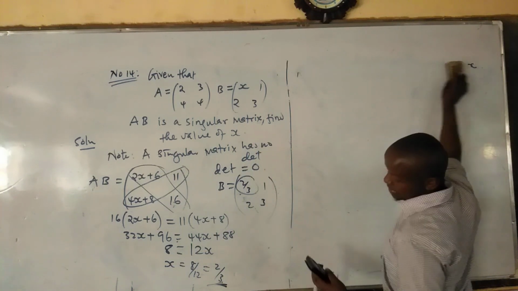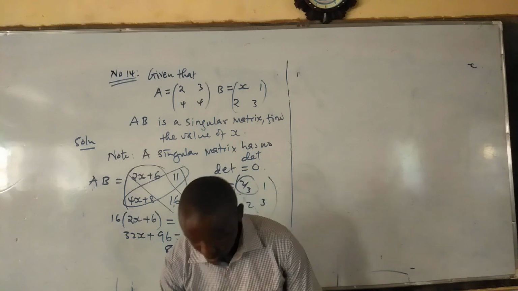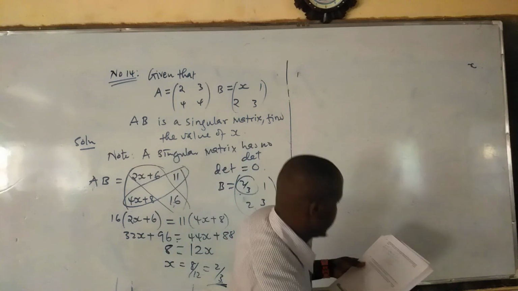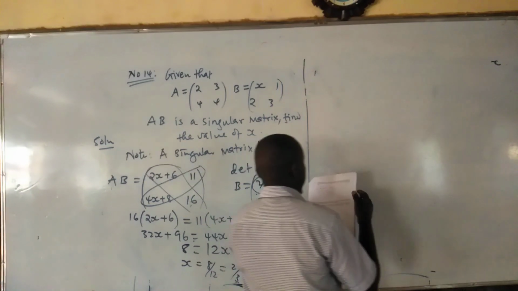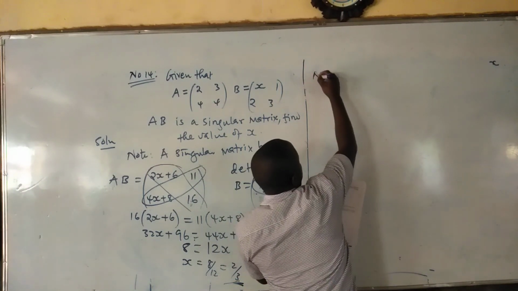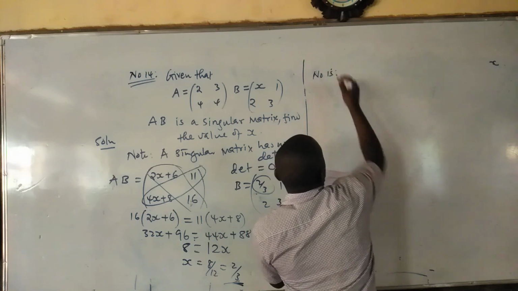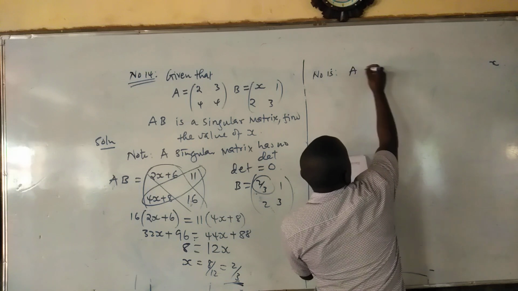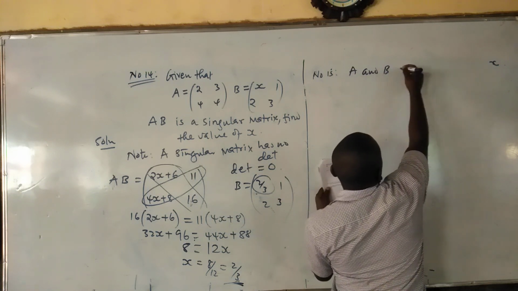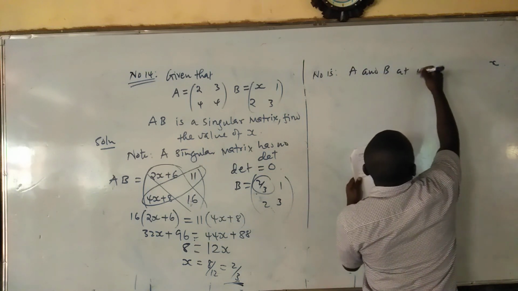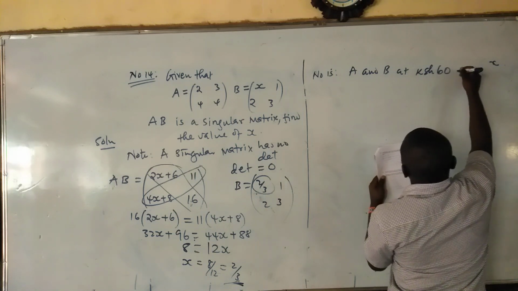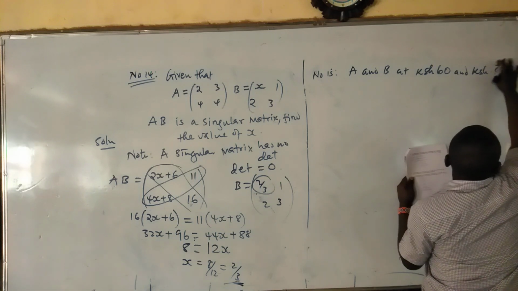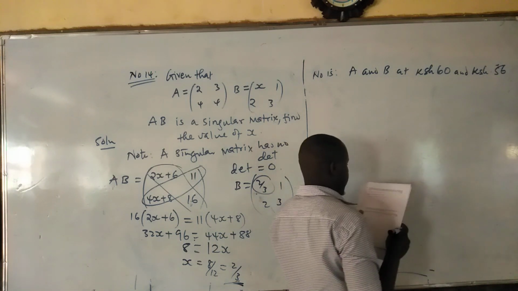Number 15, second last. Number 15: a shopkeeper bought two types of balls, A and B, at 60 and 56 respectively.